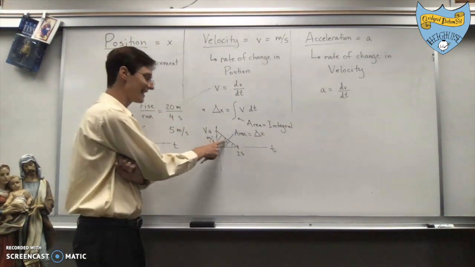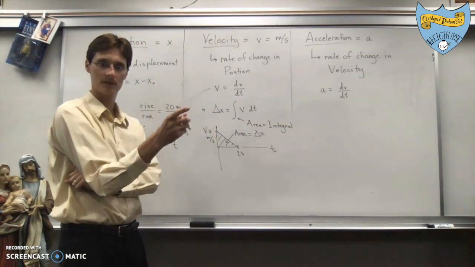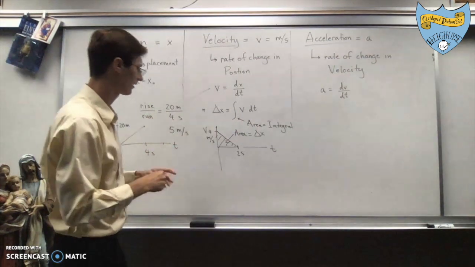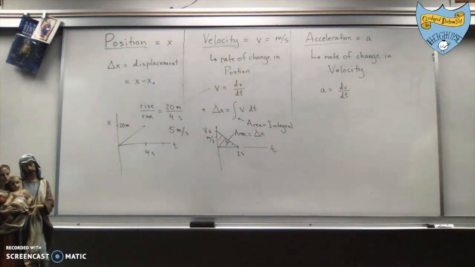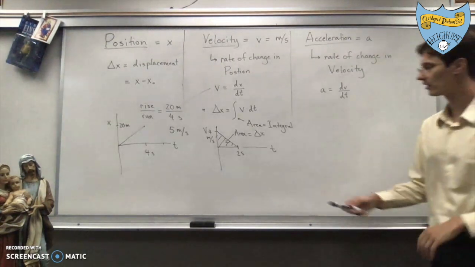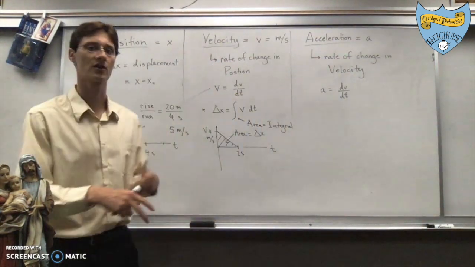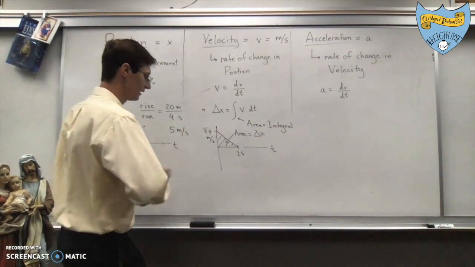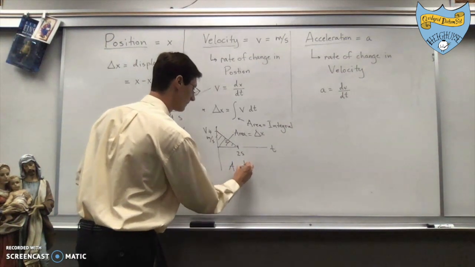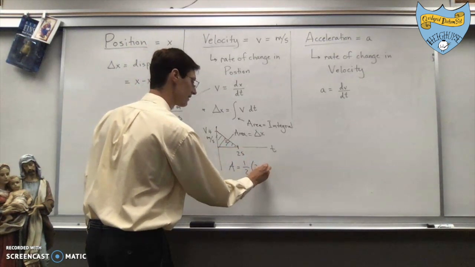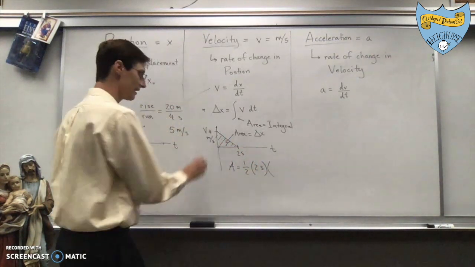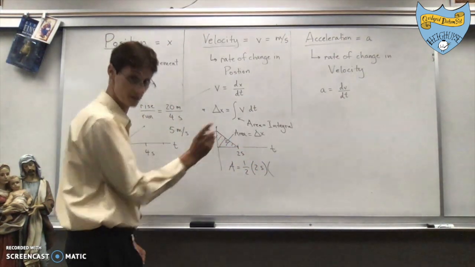Okay, I said the area of this is displacement. Well, how do I find the area of something like that? Well, it's a triangle, so 1/2 base times height. The base is 2 seconds. The height is 4 meters per second.